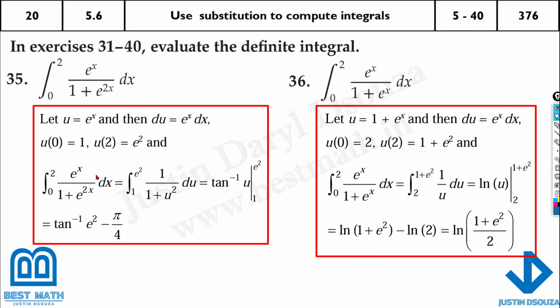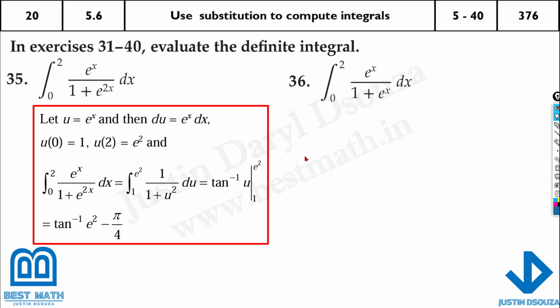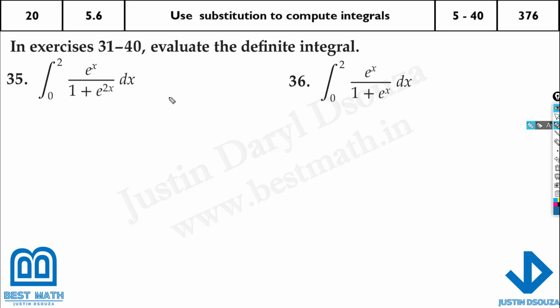That was an easy one, but what about the first one? It's a little bit different, right? Because we don't have e to the power x over here. So what we will do is, if you take e to the power 2x as u, it's not going to work out. Why? Because it's going to be 2e to the power 2x itself when we derive it, and we can't cancel each other out.